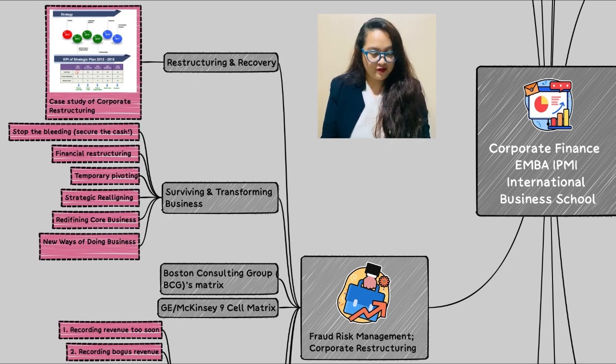Some take points: the first action that you need to do is to stop the bleeding, secure the cash, and then financial restructuring, temporary pivoting, strategic realigning, redefining core business, and new ways of doing the business. Okay, and then we also have some metrics from Boston Consulting Group and the McKinsey 9-cell matrix.